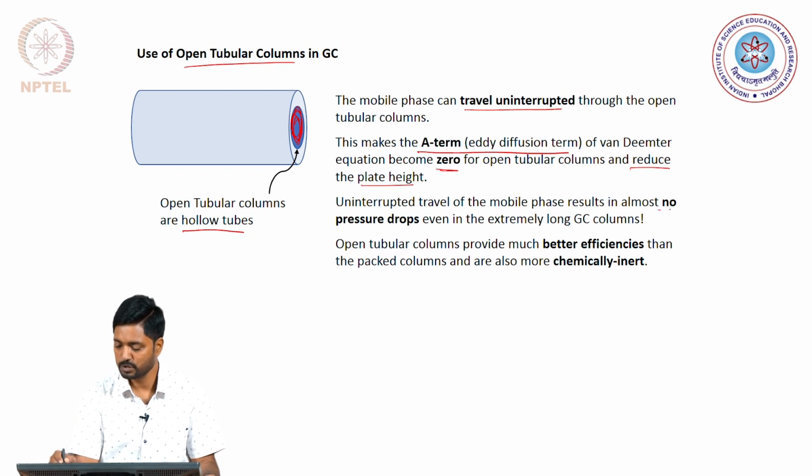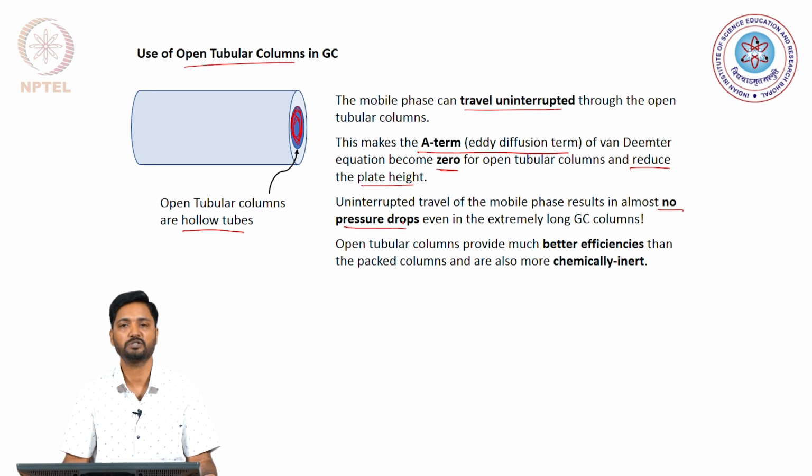There is almost no pressure drop even when we use extremely long gas chromatography columns, and this indeed allows us to use really long columns, such as a 100-meter column, which can never be realized in liquid chromatography systems.